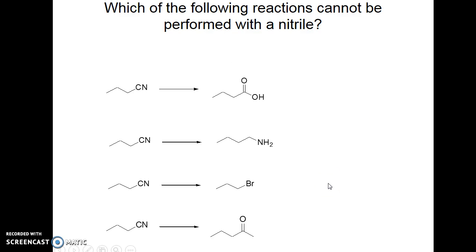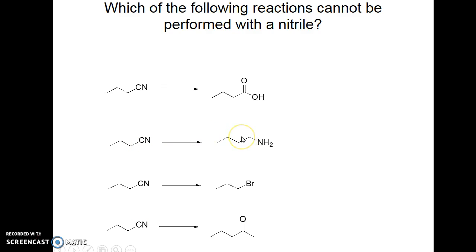So which of the following reactions cannot be performed with a nitrile? Well, let's go through and look. Can we hydrolyze a nitrile to a carboxylic acid? Yes, we've learned that we can do that with either aqueous acid or aqueous base. We just have to heat it up. Can we take a nitrile to a primary amine?